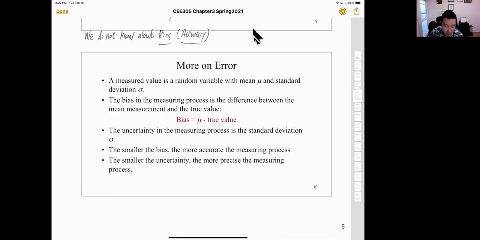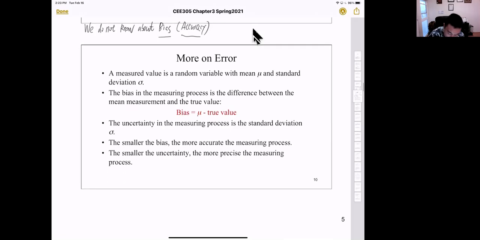Okay, so the bias in the measuring process is the difference between the mean measurement and the true value. So the bias is equal to mean value mu minus true value, and the uncertainty in the measuring process is the standard deviation.